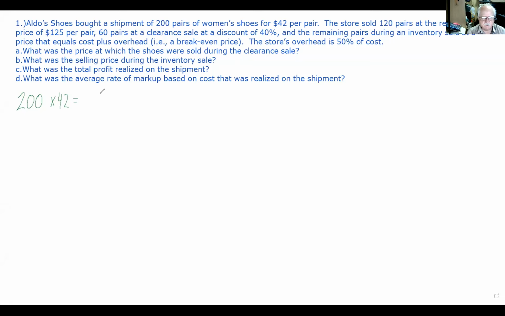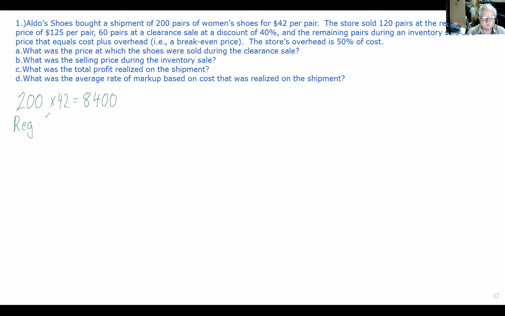So I'm getting 8,400. So we know they paid 8,400. And now we've got to consider three situations. First off, we have to consider the shoes that sold at the regular price.